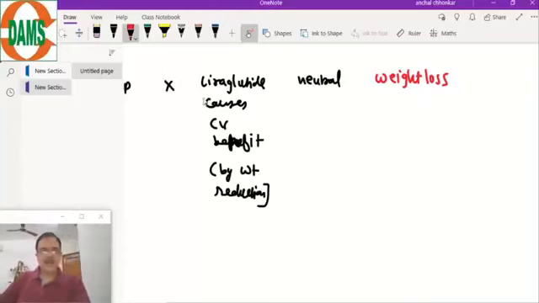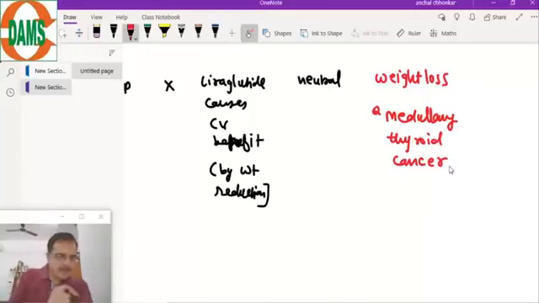While the important side effect here is cancer risk, and that cancer is medullary thyroid cancer. Medullary thyroid cancer is one of the important side effects of this agent.